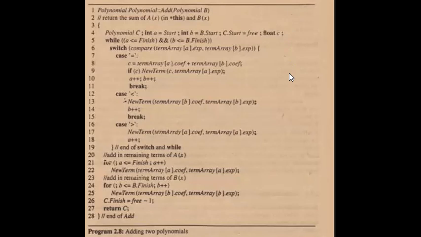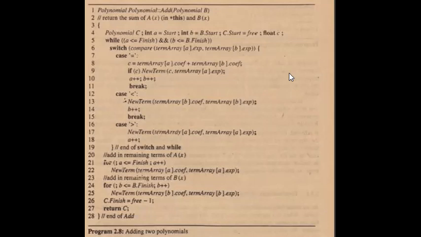First, we have declared the polynomial function, and after that we have declared some variables like a.start, b.start, c.start, free, and so on. After that, we check the condition: if a is less than or equal to a.finish and b is less than or equal to b.finish is true. If it is true, then we compare the exponents in the term array. We have given three cases: less than, equal to, or greater than.